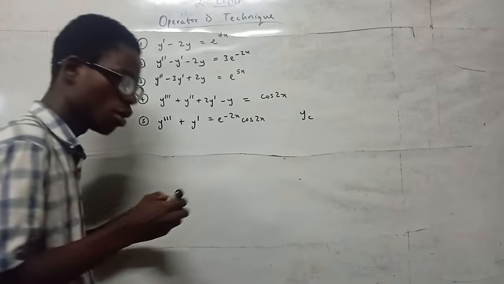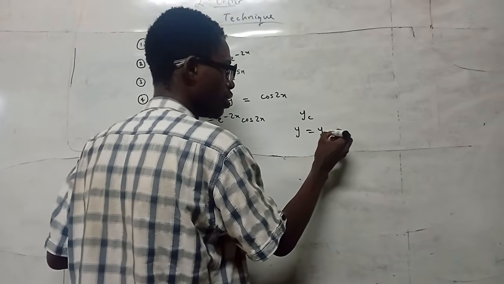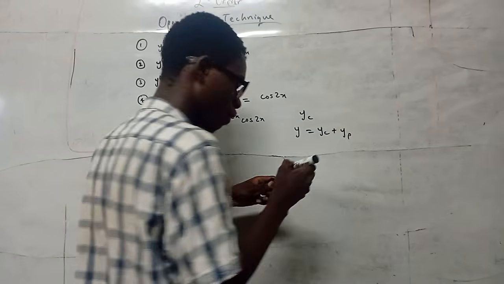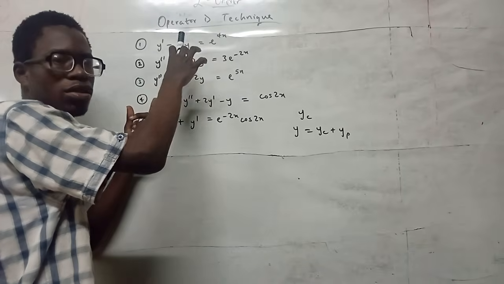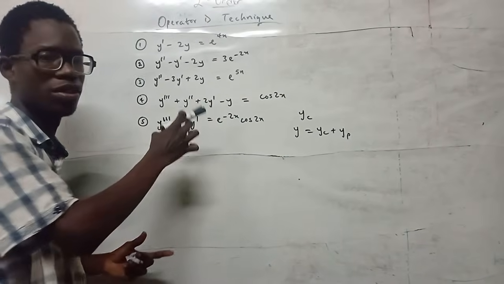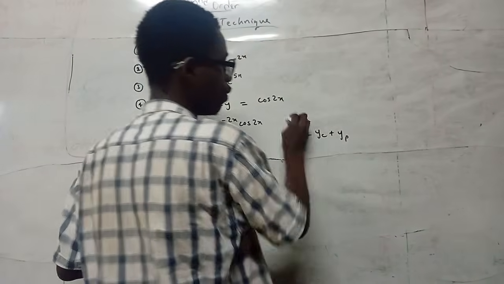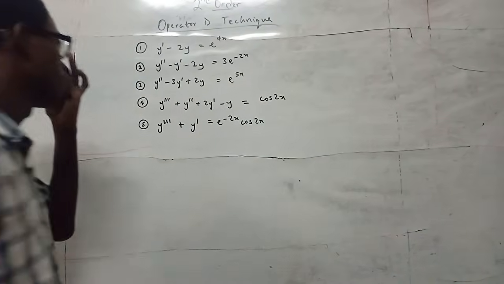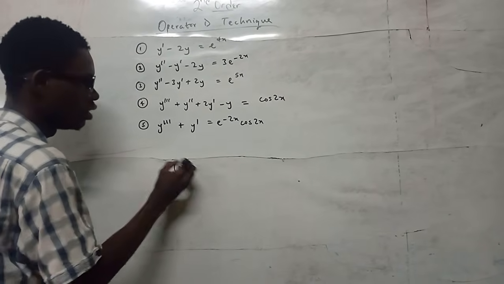But if they ask us to find the general solution, we have to find it: y equals yc plus yp. Since we have talked at length about how to find the complementary part of any equation like this, we are going to skip it to make this video short enough because we have a lot to cover. So for the first one, let's evaluate it using operator D technique.